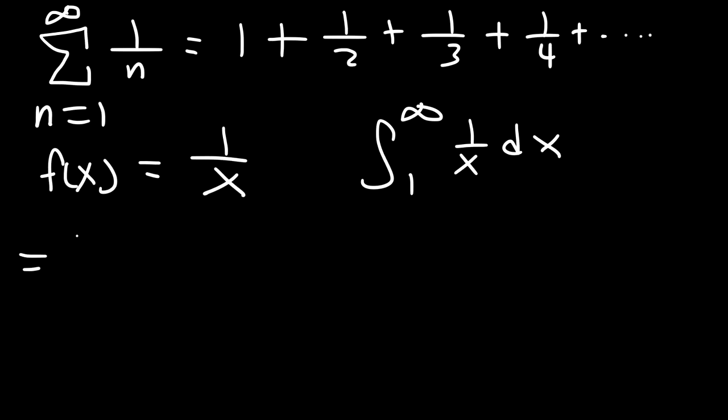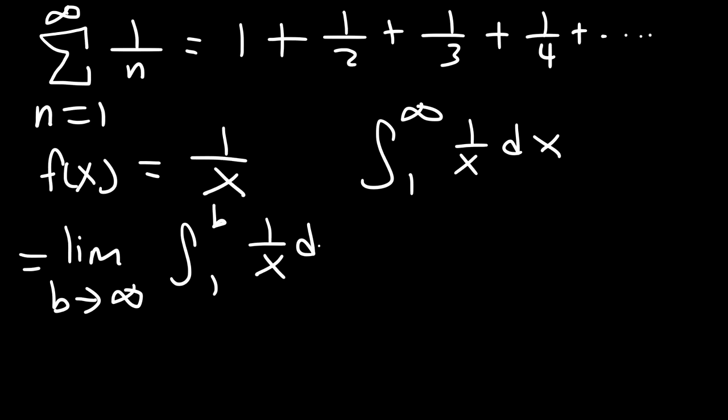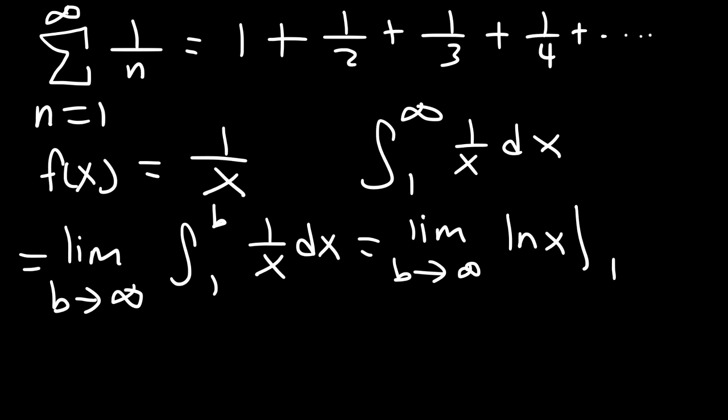So this is going to equal the limit as b approaches infinity of the integral from 1 to b of 1 over x dx. The antiderivative of 1 over x is the natural log of x. And let's evaluate from 1 to b as b goes to infinity.